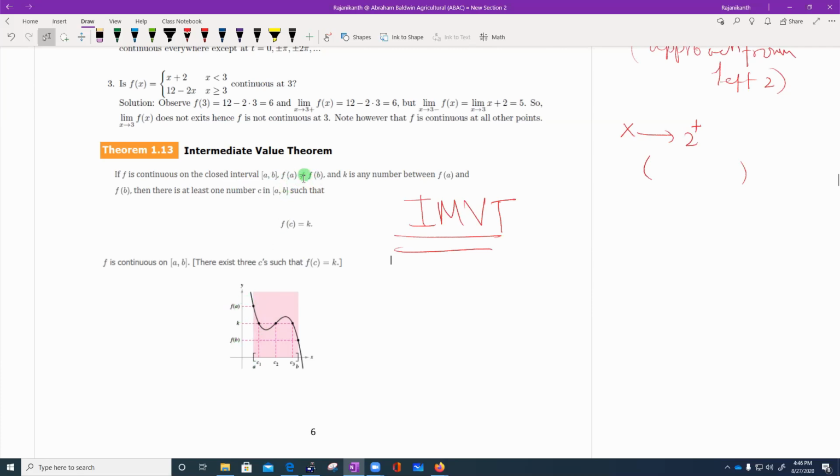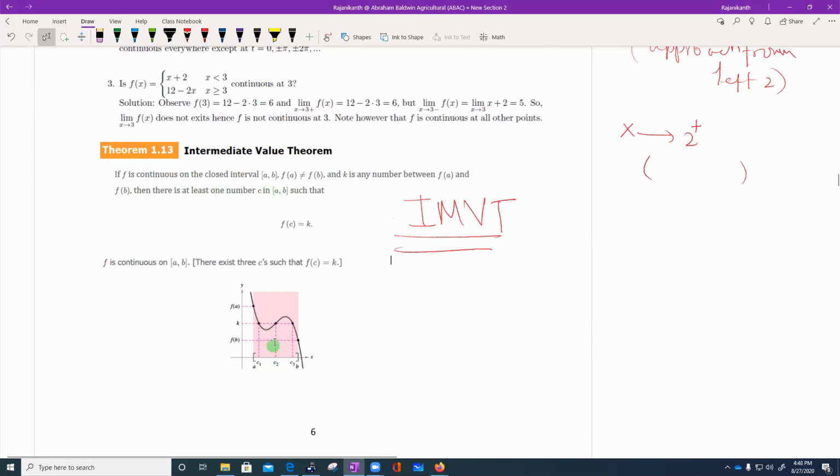If these two are not equal, meaning distinct values, and if k is any real value between f(a) and f(b), that means k is somewhere between these two values, then there is at least one number c in (a, b).